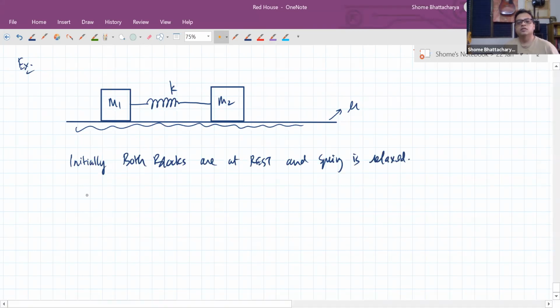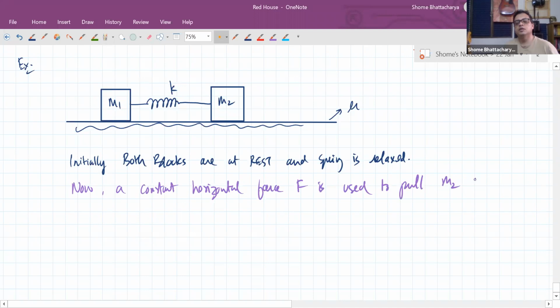Okay. Now, a constant horizontal force F is used to pull the block M2, okay, as shown. So we start applying a force horizontally like this. So assume F is obviously greater than mu M2 g.